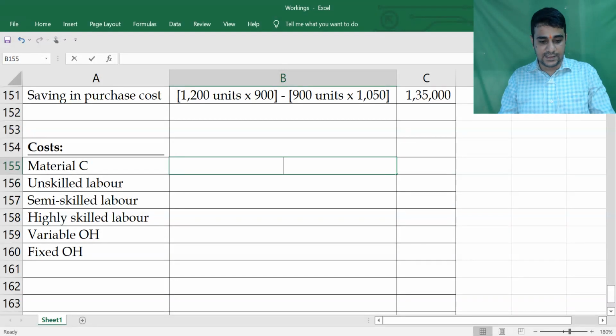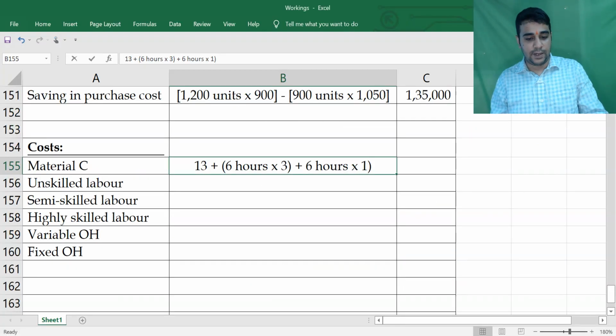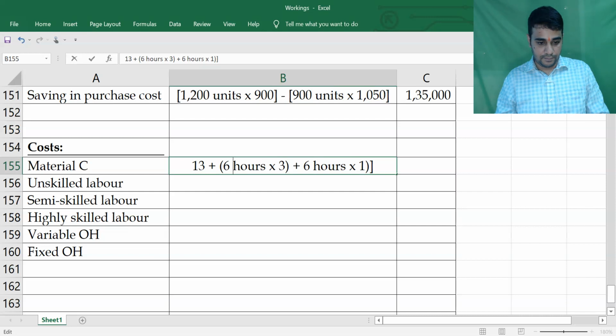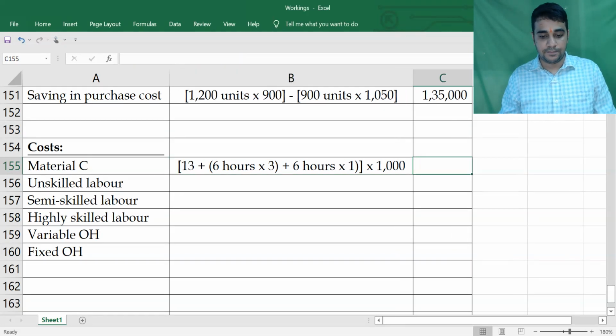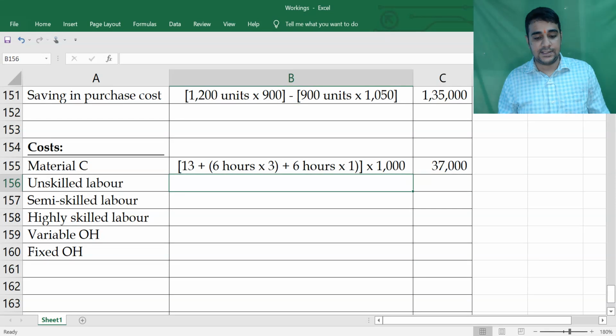So material C is 13 rupees plus 6 hours into 3 plus 6 hours into 1, multiplied with 1000. 37,000. Material C is 37,000. Clear? Any doubts on this?